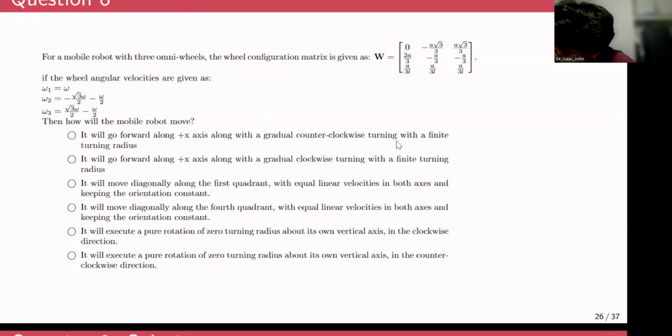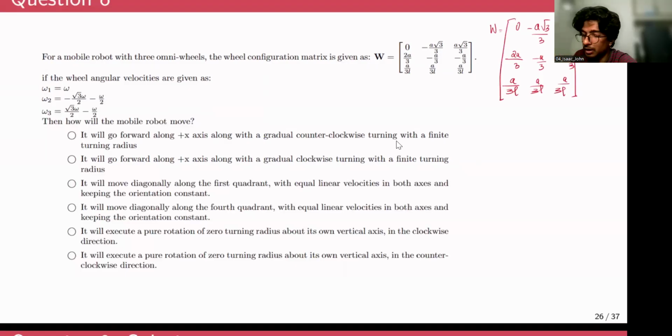So you are given the wheel configuration matrix W as 0, minus a root 3 by 3, a root 3 by 3, then 2a by 3, minus a by 3, minus a by 3. Then you have a by 3L, a by 3L, a by 3L.